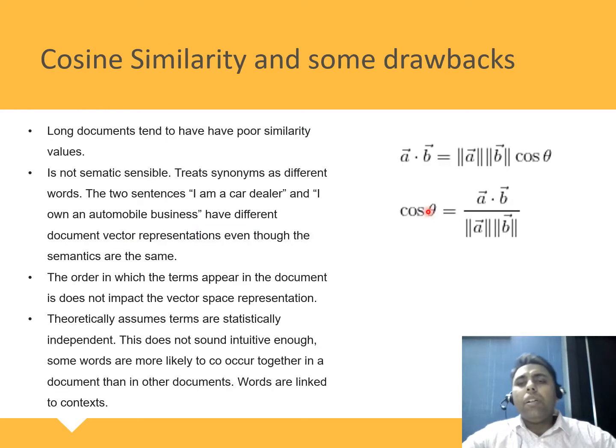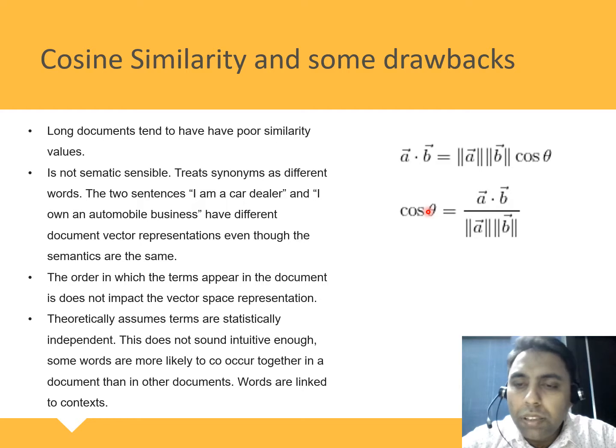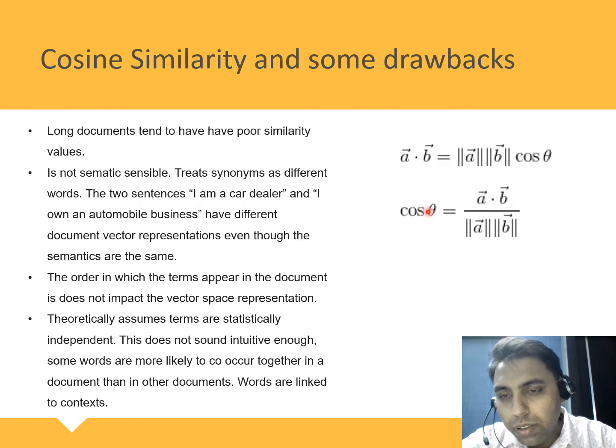And in terms of some of the drawbacks of cosine similarity, there are indeed some. The first is that long documents tend to have very poor similarity values, and this is the example that we were seeing with the Euclidean distance. Cosine similarity solves it to a certain extent, but not fully.